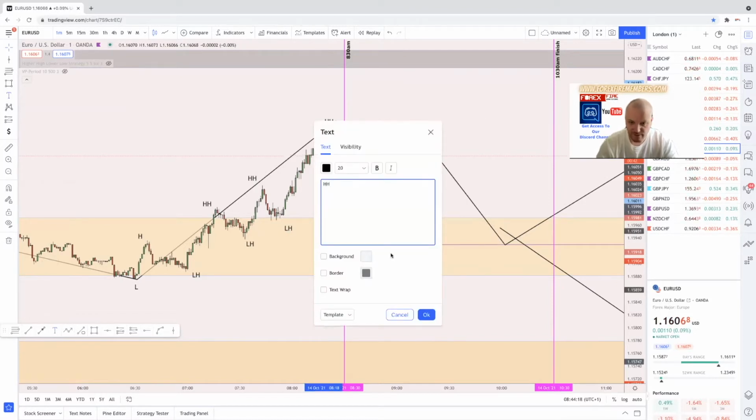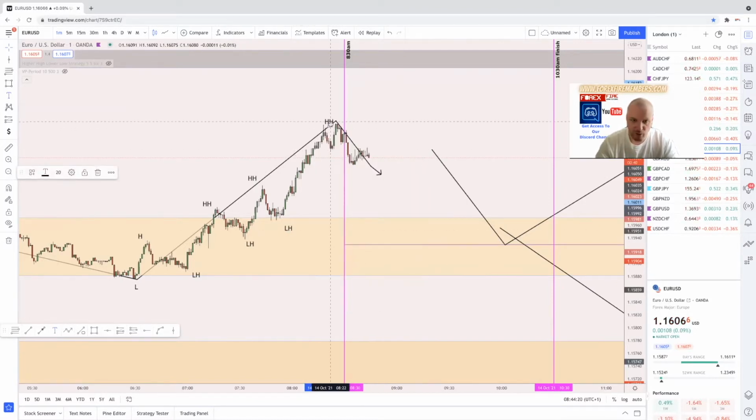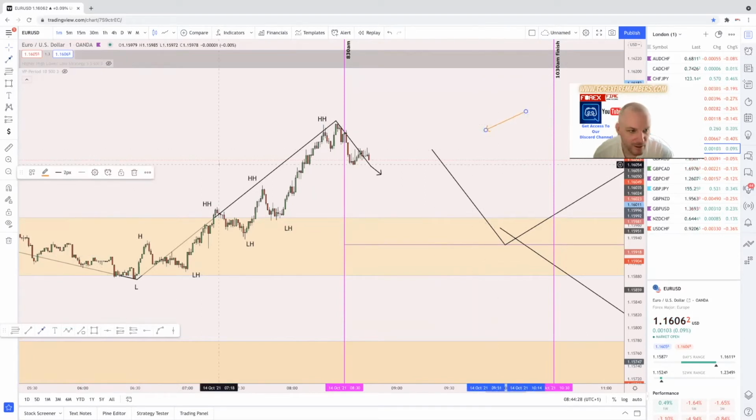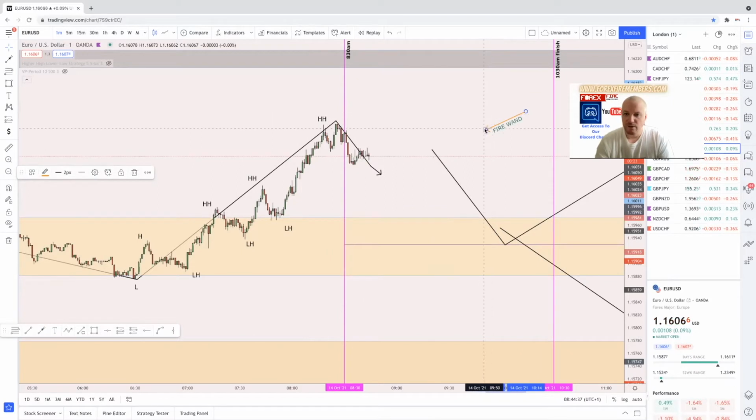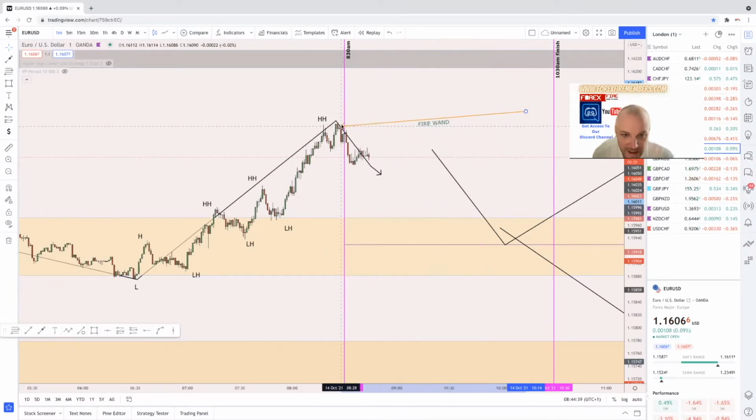So at the moment, we've got a higher high, and until we get this price coming back up to here, this would then become a lower high.